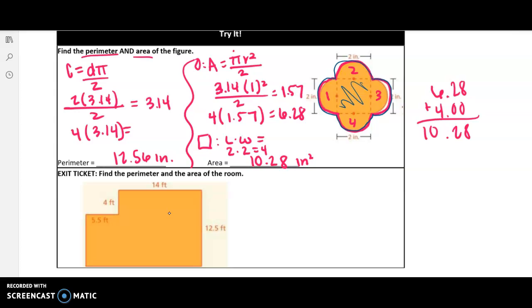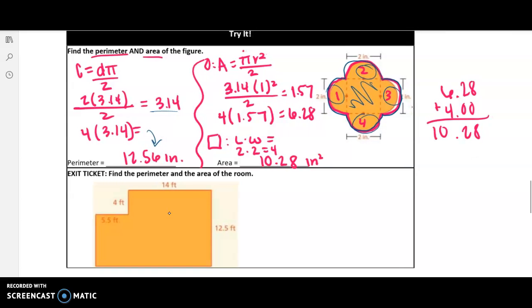And so when I do 2 times 3.14 divided by 2, I get 3.14, and then I multiply this by 4 because there are 4 half circles. And I got 12 and 56 hundredths.